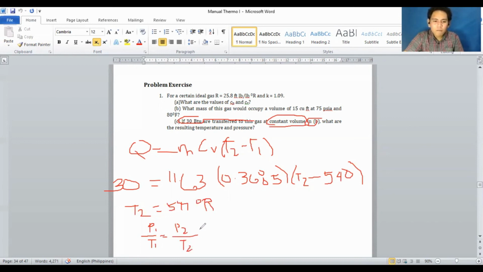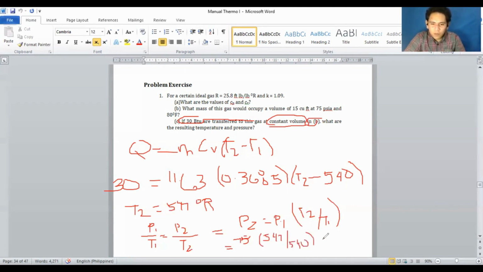So if we derive, we obtain P2 equals P1 multiplied by T2 over T1. Substituting, we have P1 which is 75 psi, multiplied by your T2 which is 547 and divided by your T1 which is 540.